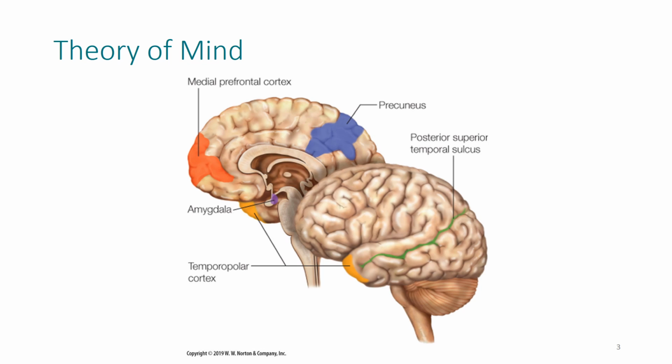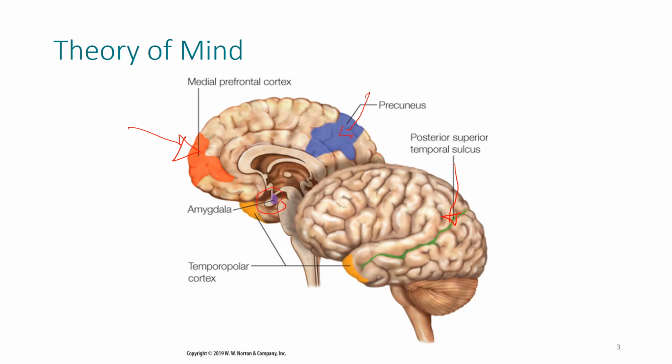Okay, this is the theory of mind. The task activates a network of regions bilaterally. These include the medial prefrontal cortex, the posterior superior temporal sulcus, and the precuneus, hidden in the middle, like the longitudinal fissure at the parietal lobe, and the amygdala.